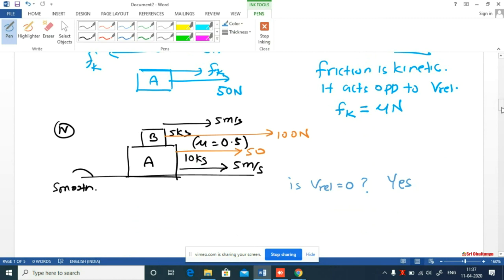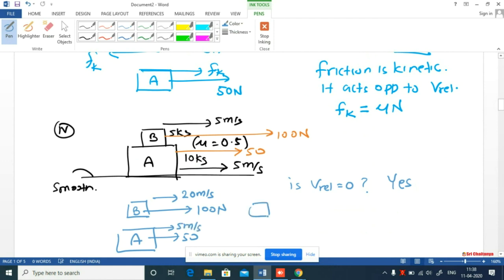In what direction will friction act? So friction acts opposite to A relative if there was no friction. So we'll obviously draw the FBDs again for A and B, right? And the forces in the absence of friction in the horizontal direction are just these 50. So acceleration of B is 20 meter per second squared, and acceleration of A is 5 meter per second squared.